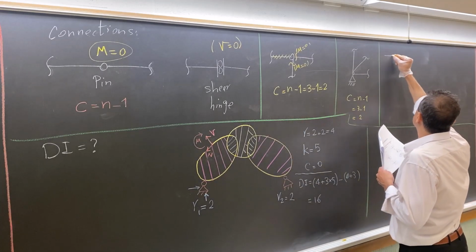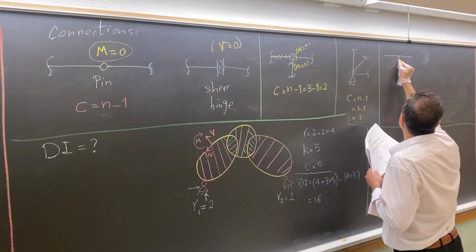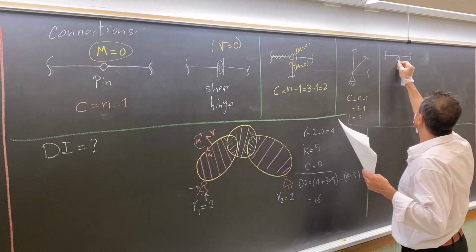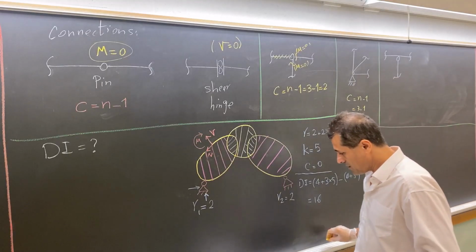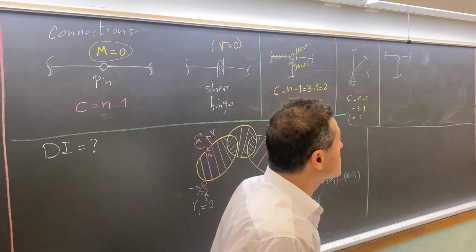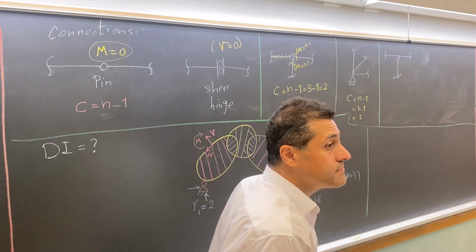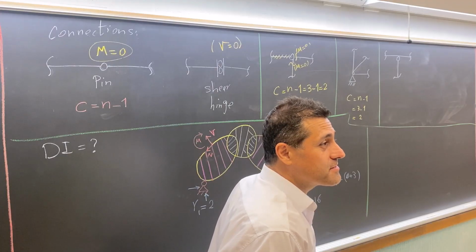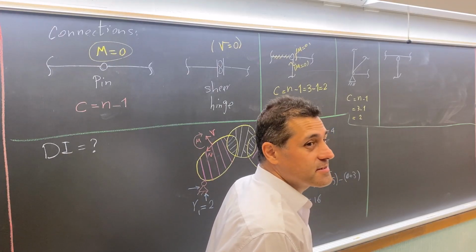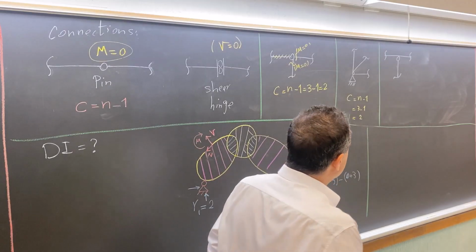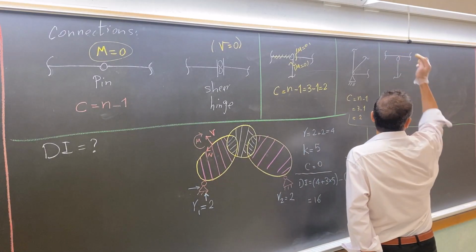Look at this. We have an element like this. How much is n here? 2. Yes. Not 3. Is there any question why not 3? Because the pin is not inside this element.